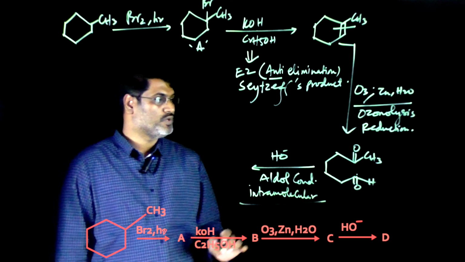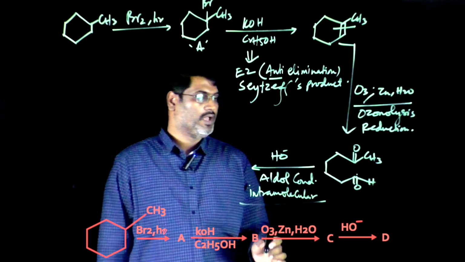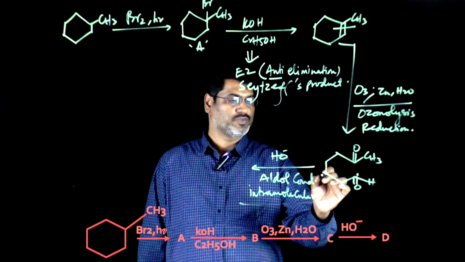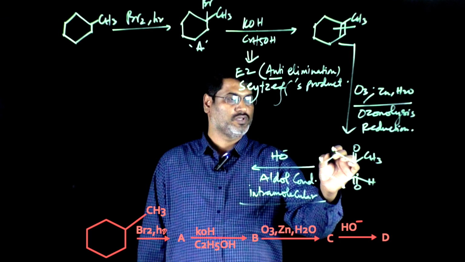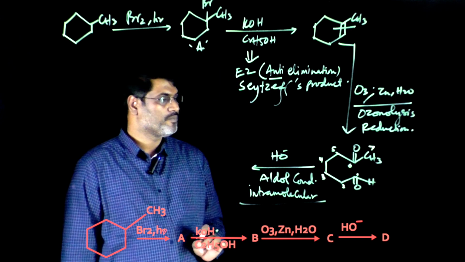What does it mean? It means it has an aldehydic part, it has a ketonic part, and you see this is the first, this is second, this one third, this one fourth, this one fifth, sixth, and this one is seventh.